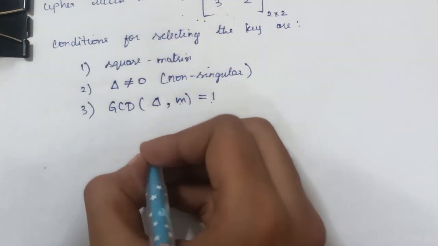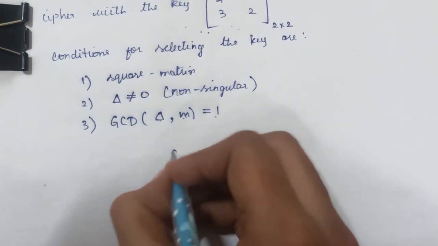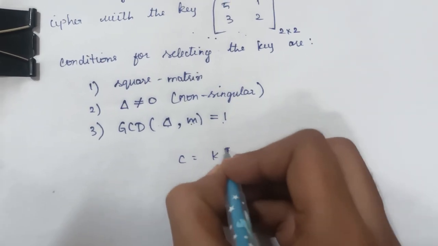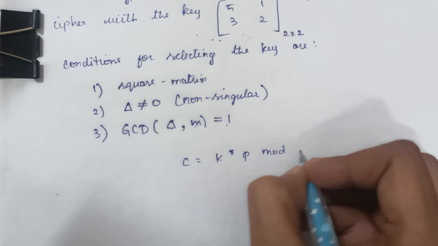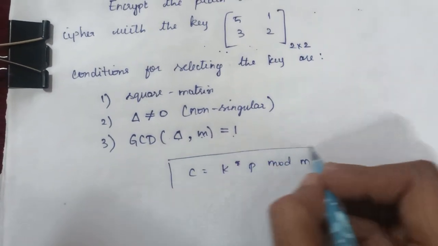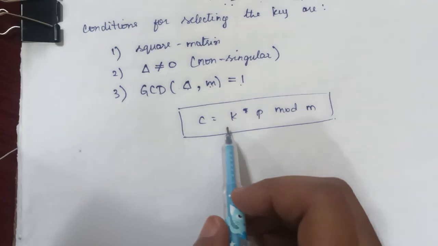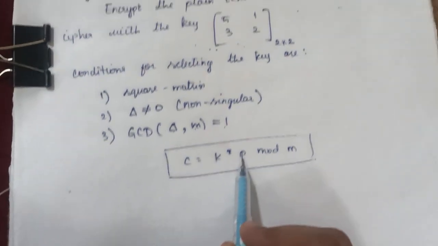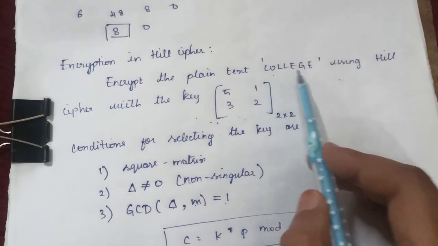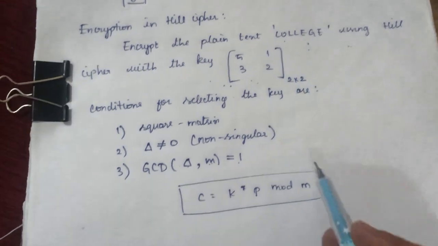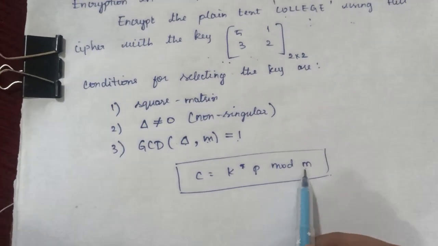The formula used for encryption in Hill cipher is C is equal to K into P mod M. This is the formula used for encryption. K is nothing but the key matrix. P is nothing but the plain text matrix, which means this college will again be represented as a matrix, and then mod M. M is 26.